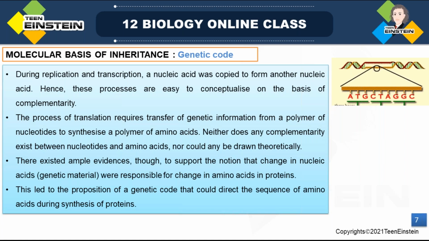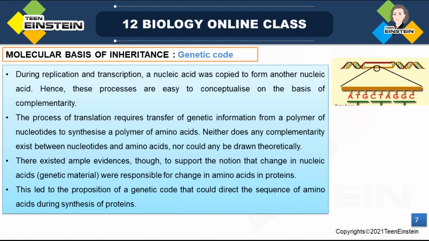Got it? So if there is any change or difference in the nucleic acid, that particular genetic material, that may result in a change of amino acid, and the newly formed protein also will show that particular change.